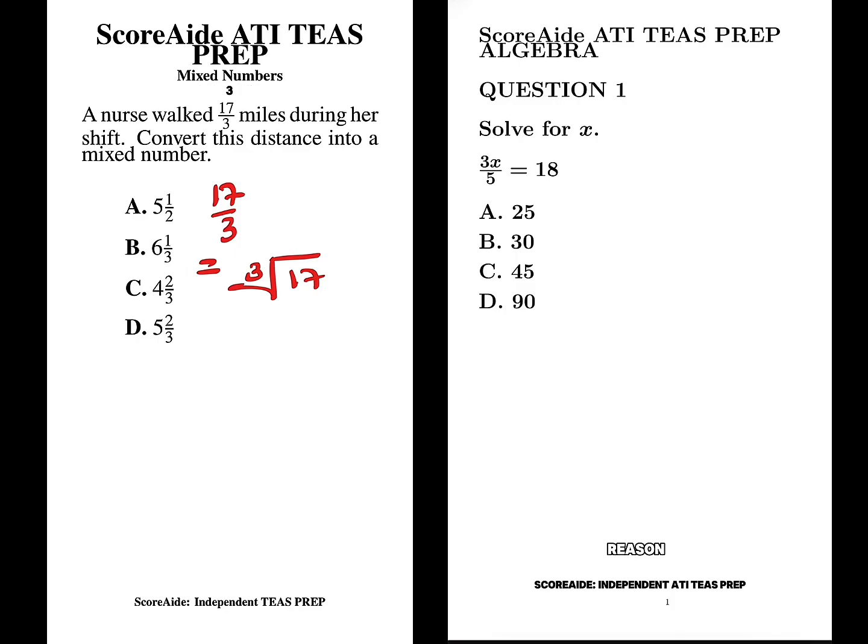So 15 divided by 3 is gonna give you what? 5. 5 times 3, 15. We subtract, so this gives us 2, which is the remainder. So 17/3 is gonna be 5 whole number, 2/3, right? There you go.